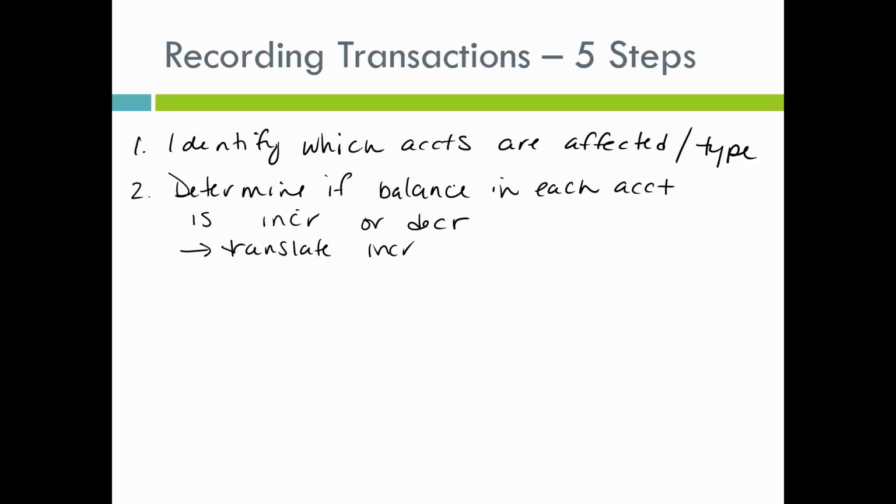And then I translate that increase or decrease into debit or credit.